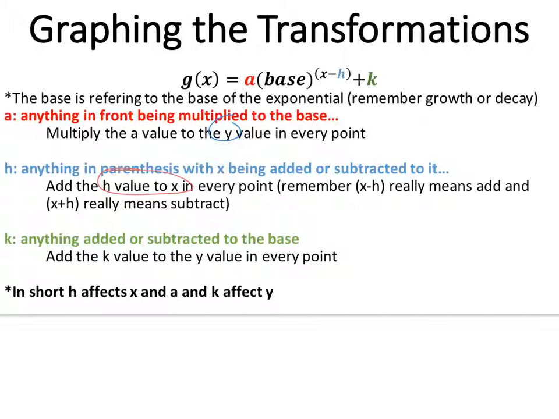If it's X plus H, you need to subtract it because H is negative. The sign's always opposite of what you'd expect. And then back up to the K, if I'm adding or subtracting anything to the base, that again is going to affect the Y value. So I'm just going to add, subtract, or multiply to my X and Y points to get my new points for my transformed graph.